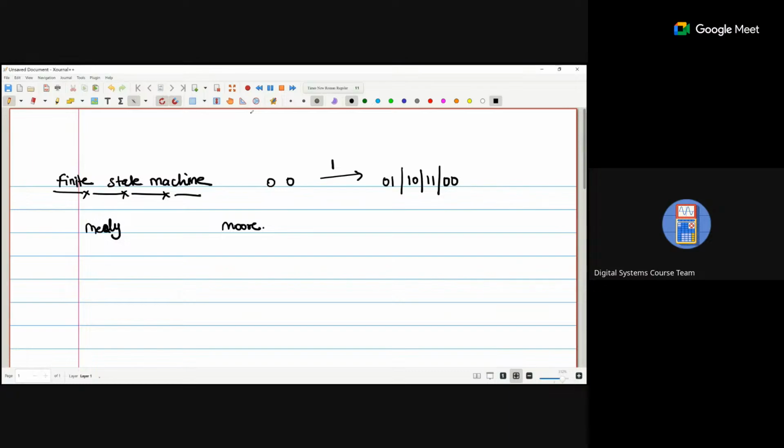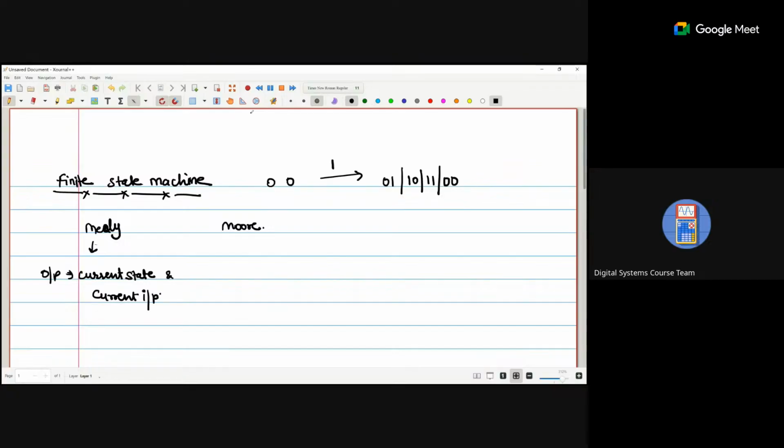In the Mealy machine, the output is dependent on the current state and the current input.